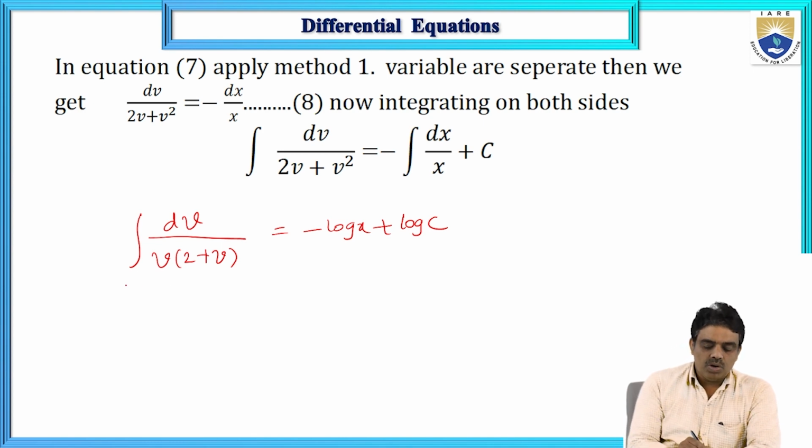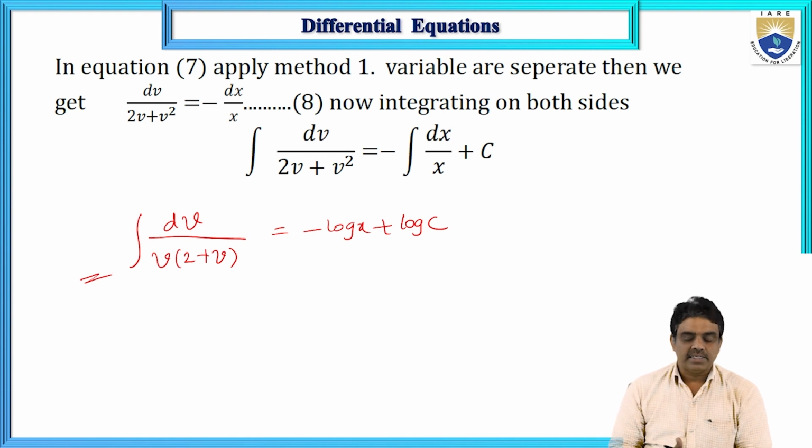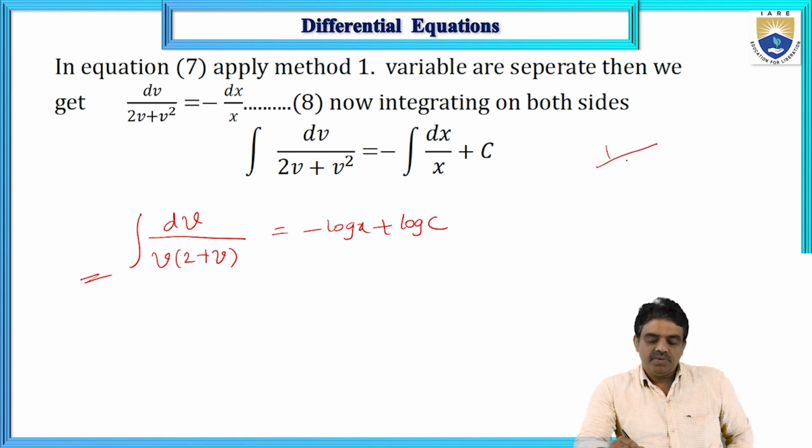Now, how to integrate this? You can go for the partial fraction method. So 1 by v into (2 plus v) can be written as a by v plus b by (2 plus v).